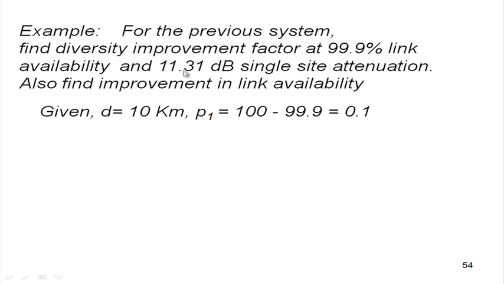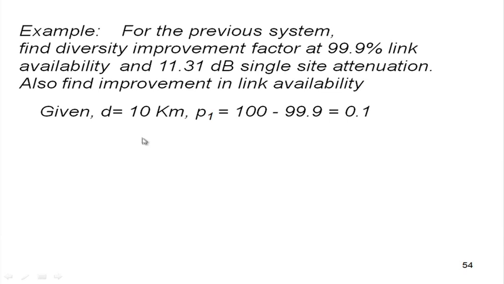And we take another example, almost the previous system number: find the diversity improvement factor for 99.9% of link availability and 11.31 dB single site attenuation. Find the improvement in link availability. So first you find the diversity improvement factor, and then find whether improvement in the link availability happens or not.